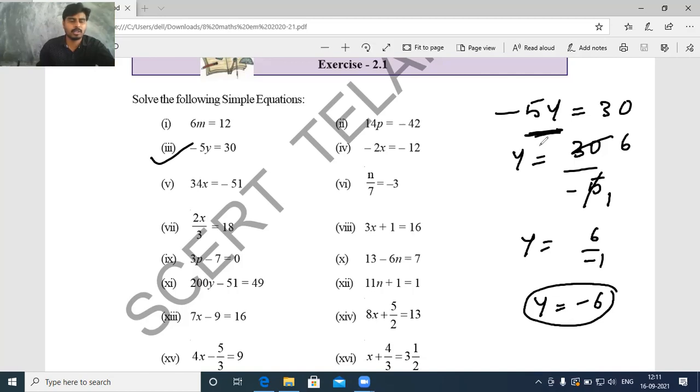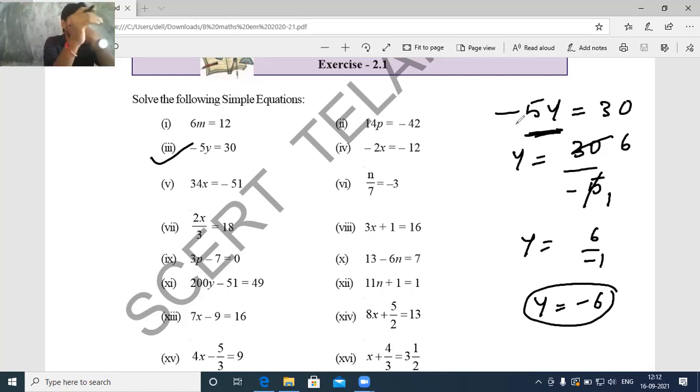Good question, Anna, good question you raised. When we transpose plus to the RHS side, it becomes minus. Minus will become plus. In these two situations, when you transpose plus terms and minus terms, they change their sign.